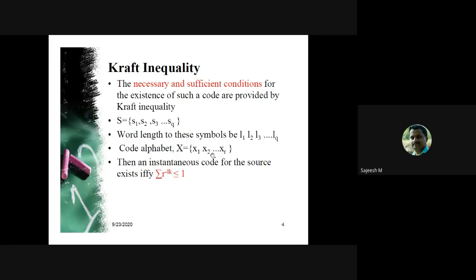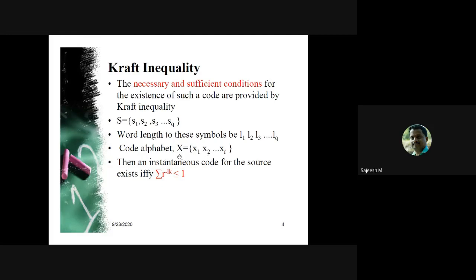If it is a binary code, then there are only two symbols, x1 and x2, that is 0 and 1. Here we can say an R-ary code. A ternary code has the code alphabet 0, 1 and 2. For a quaternary code, the symbols in the code alphabet will be 0, 1, 2, 3, like that.